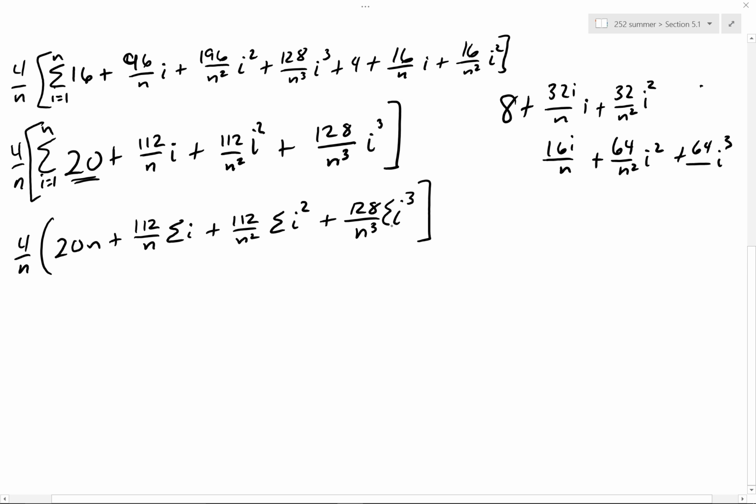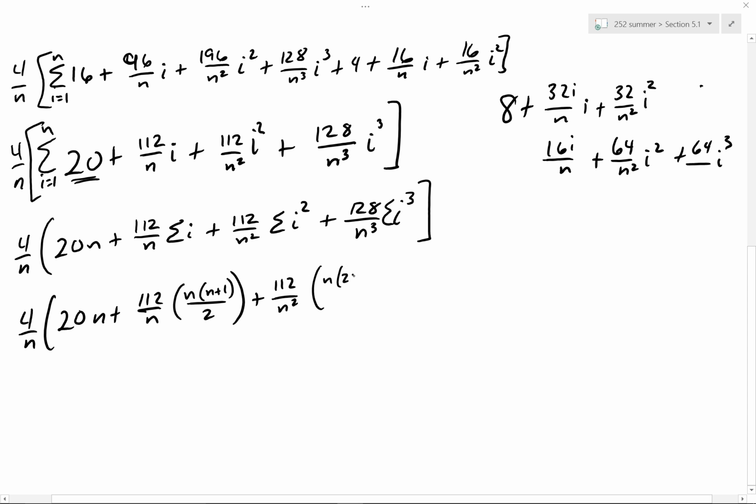Okay, and so what is the sum of the i's as i goes from 1 to n? It is n times n plus 1 over 2, right? And this 112 over n squared is times n, 2n plus 1.